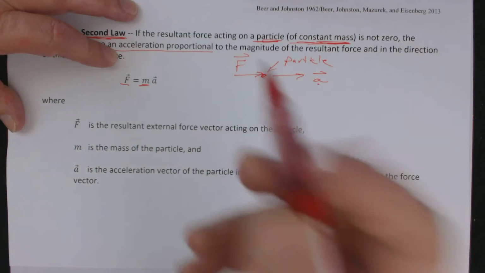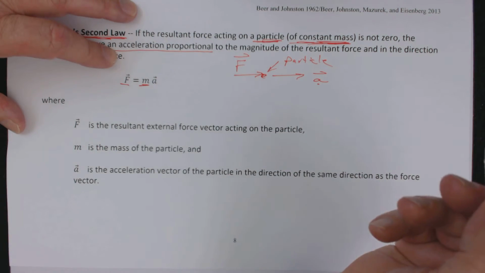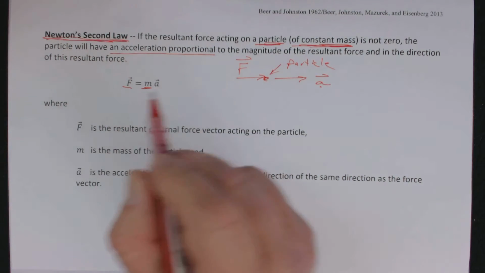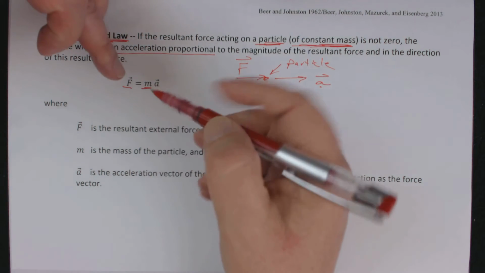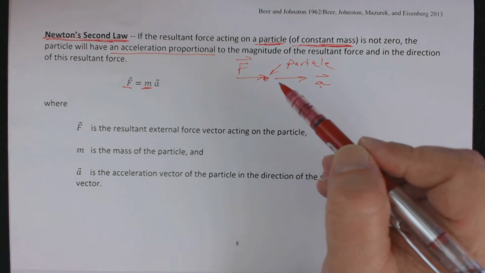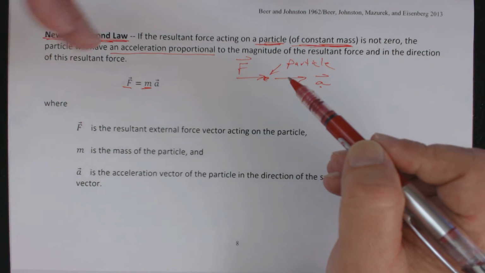But at any rate, what I'm trying to say here is that if we actually still had a space shuttle and we put it on the launch pad and we hit the button, what comes out of the back of the space shuttle? Mass, rocket exhaust. So what I'm talking about here is not going to apply to a situation like that, because that's not a particle and it's not constant mass.